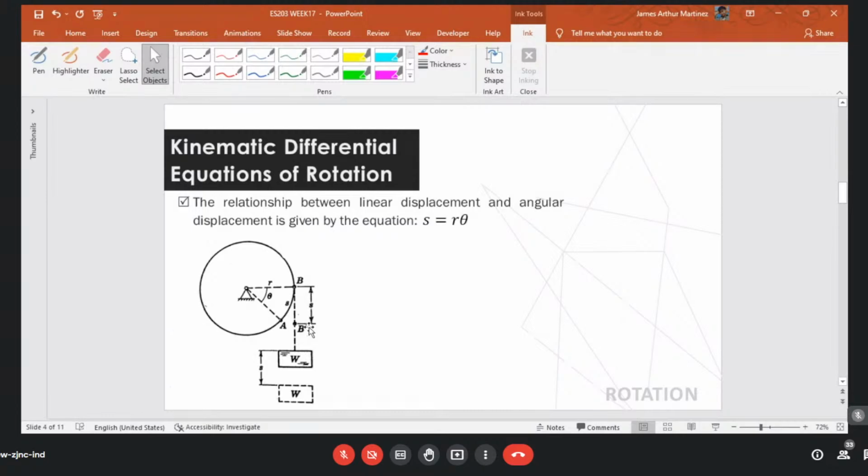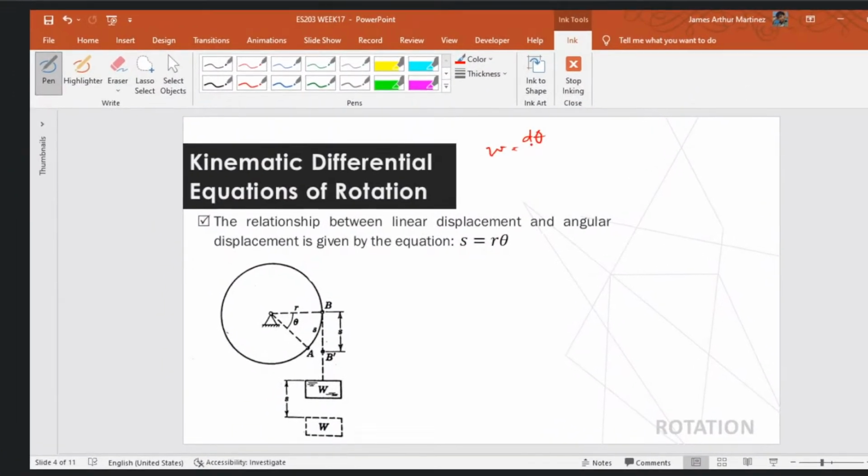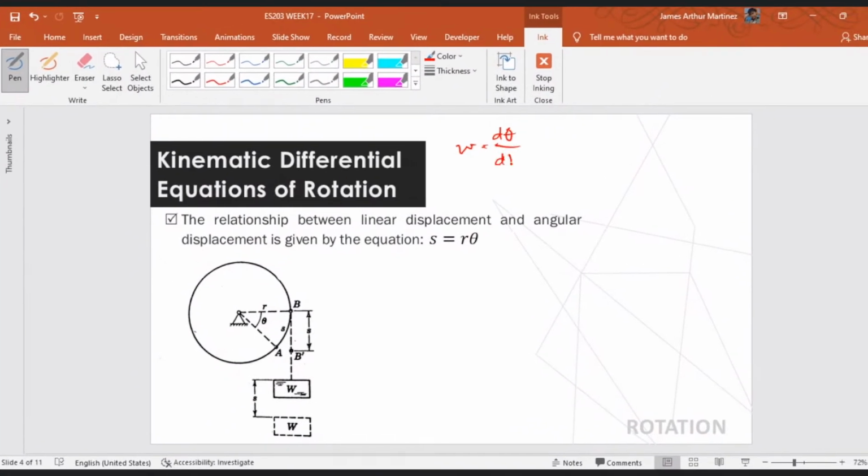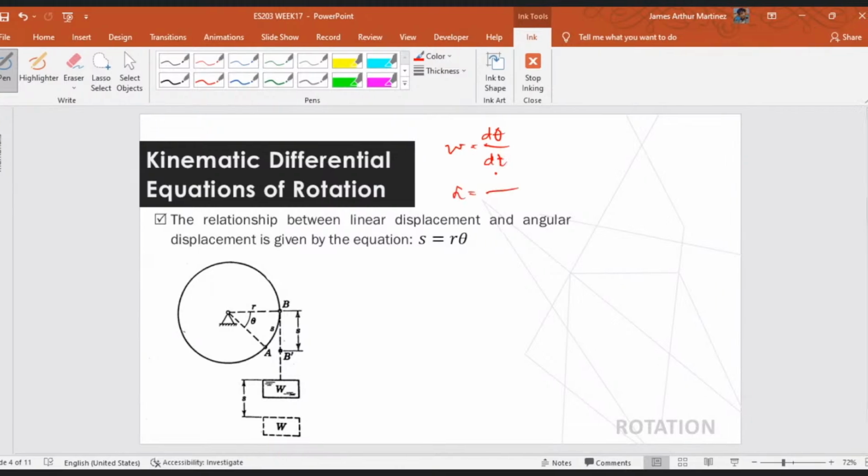So the kinematic differential equations of rotation, we have this angular velocity, which is just the rate of change in angular displacement with respect to time. Our angular acceleration is also the rate of change in angular velocity with respect to time.